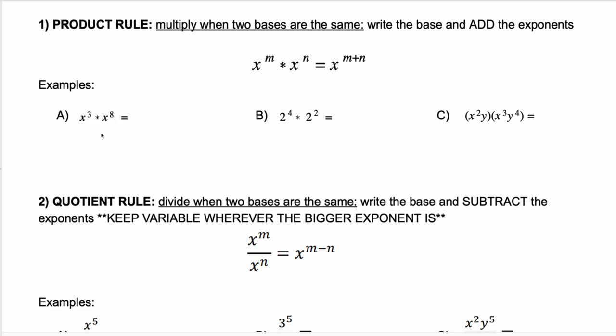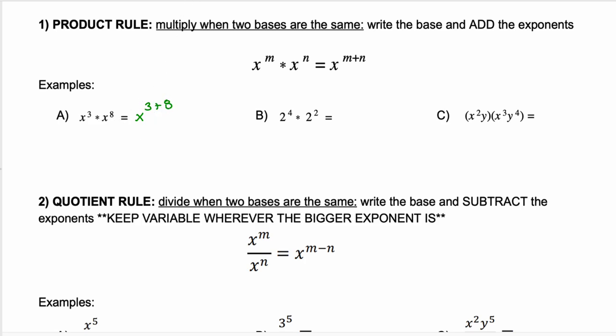First example is x to the third power times x to the eighth power. Since these are both the same bases of x and they are being multiplied to each other, we can keep the x, we can keep the base the same. So we'll have x raised to the, we'll take our exponent of 3 plus our exponent of 8.